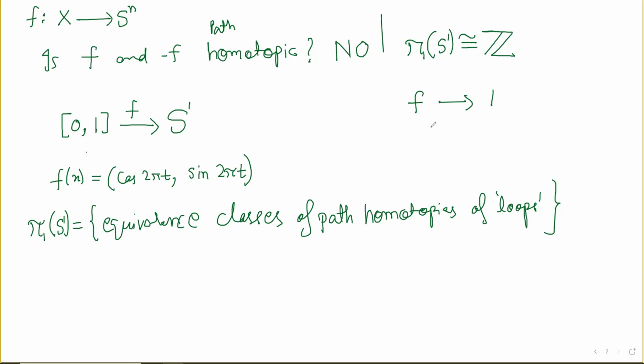That this f goes to 1, and then you know that minus f, are you sure minus f goes to minus 1? So I don't know. So put a question mark. Let's try to answer that.